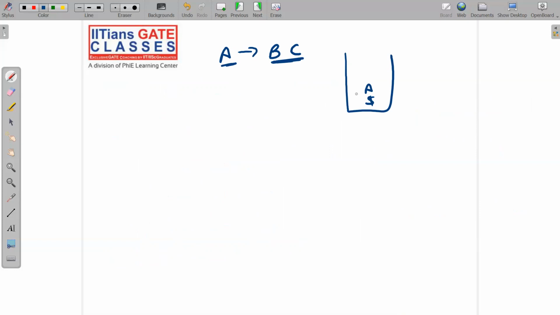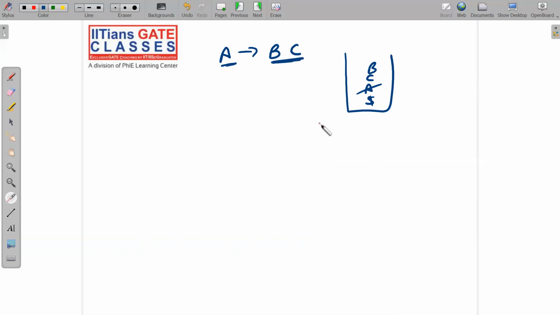So this A will go away and it will become BC. Now whatever was the follow of A, that will be the follow of C. So follow of C will contain follow of A.